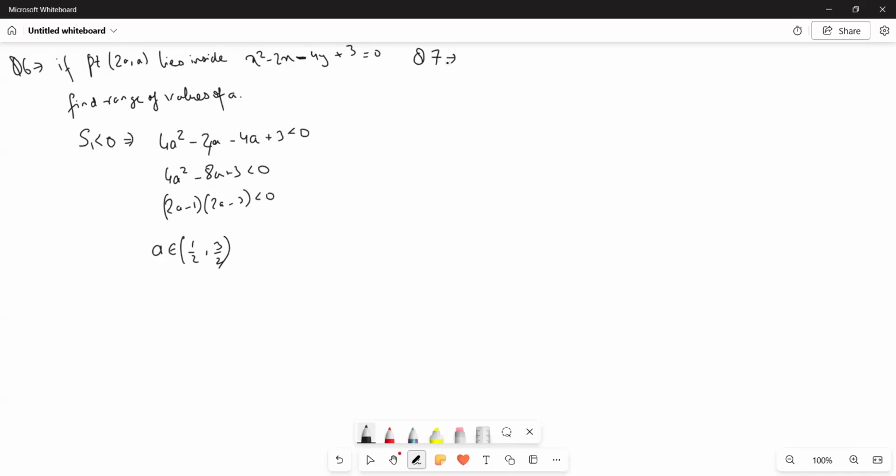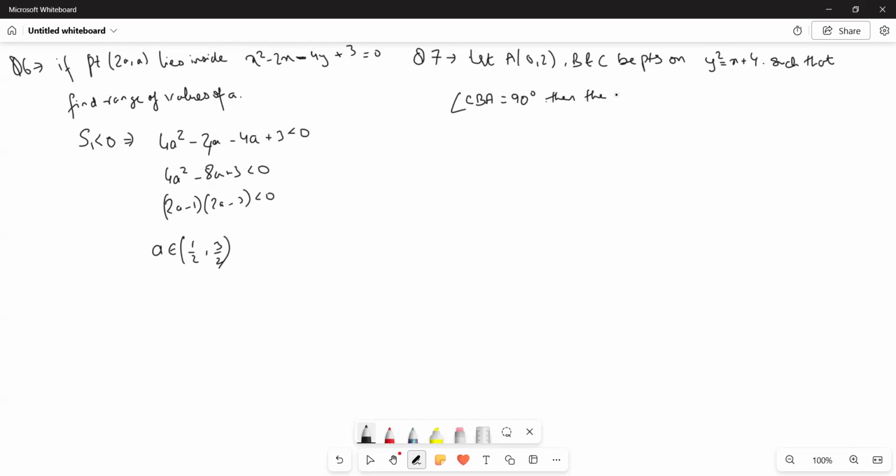The next question, number 7. Let A, which is (0, 2), B and C be points on the parabola y² = x + 4 such that angle CBA is 90 degrees.